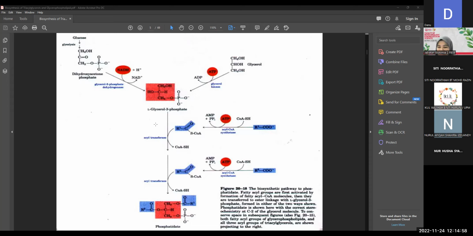The first acylation step transfers the acyl group to carbon 1, and the second acylation step transfers the acyl group to carbon number 2. These are the steps involved in the formation of phosphatidate, or phosphatidic acid.